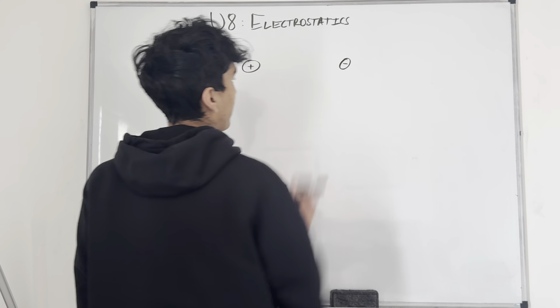They're just names that we've given them. But what we've found is that when you have two of the opposite charge, if you have a proton and an electron, or just a positive charge and a negative charge, they will attract each other.